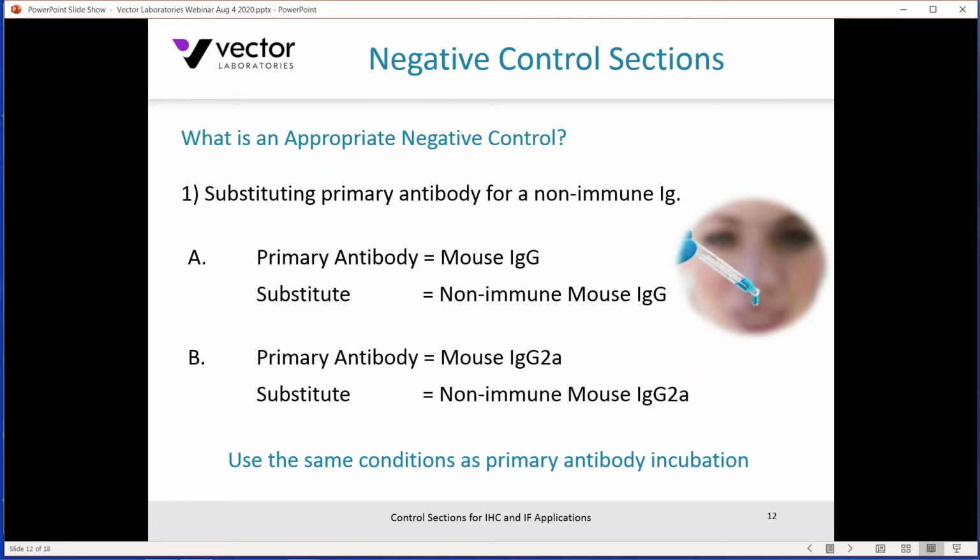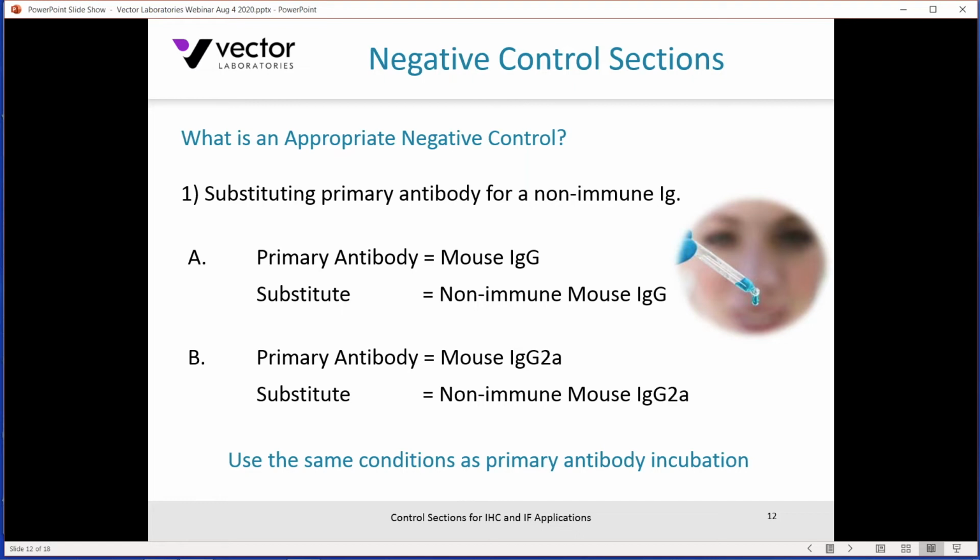Indeed, if it's something like a mouse IgG2A isotype, you could then use a more defined substitute like a non-immune mouse IgG2A. That'll eliminate all of the IgG1, 2B, etc., and give you more of a defined negative control, and should hopefully clean up that trace background or toning that you might see with the example I used there in point A.